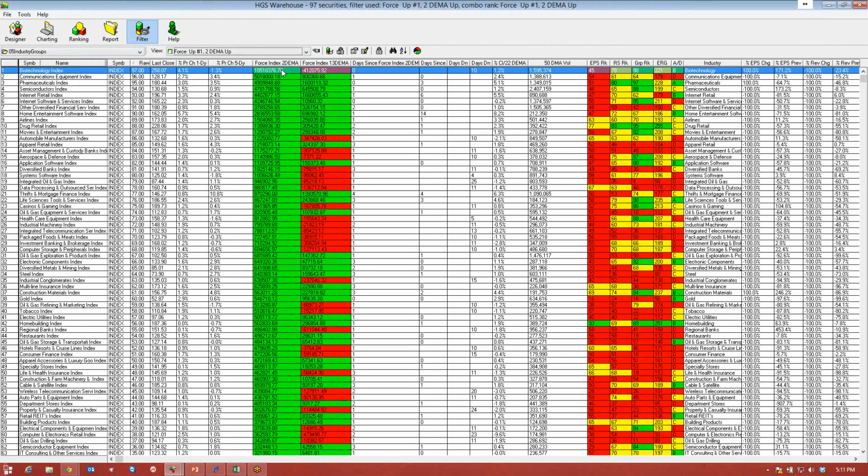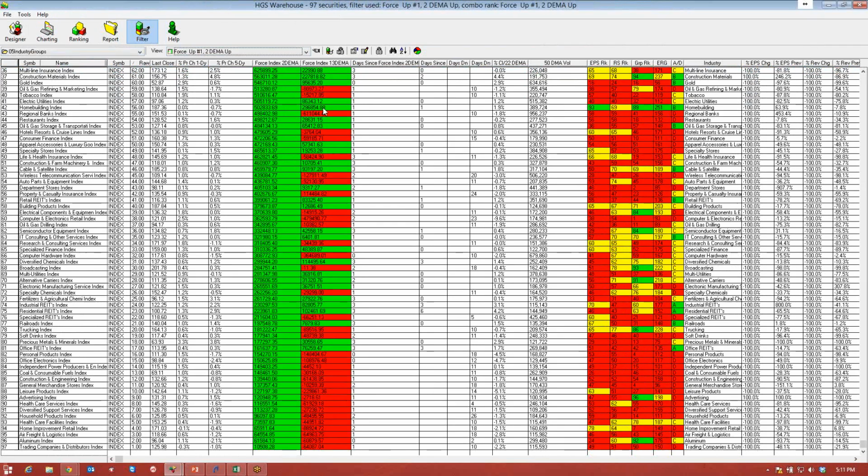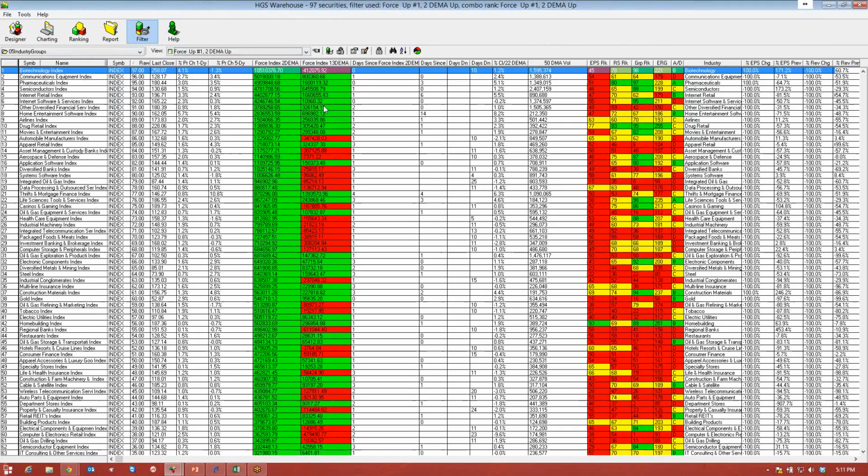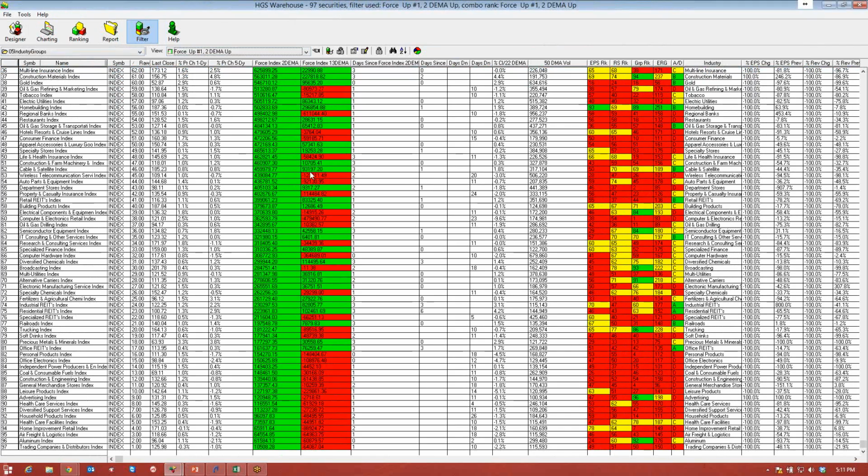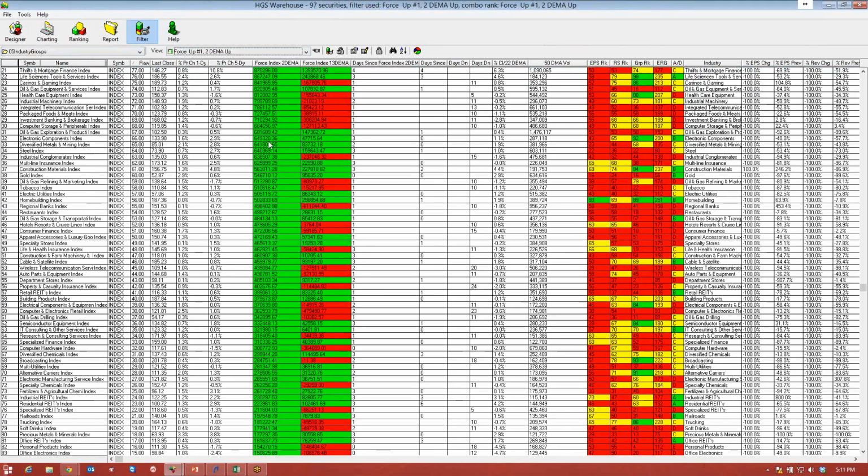So it's really only looking at 3 different days. The 13-day is looking at 15, 16 days worth of price and volume. You could see that most of these have red for the 13-day, which means they're in a longer-term downtrend. So they pulled back and they popped up.